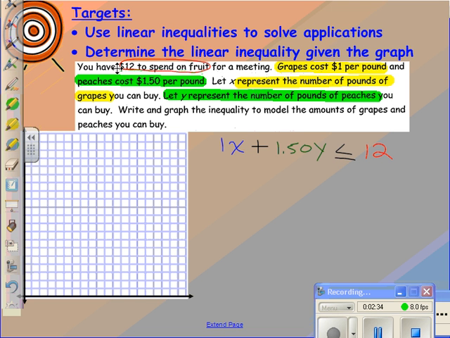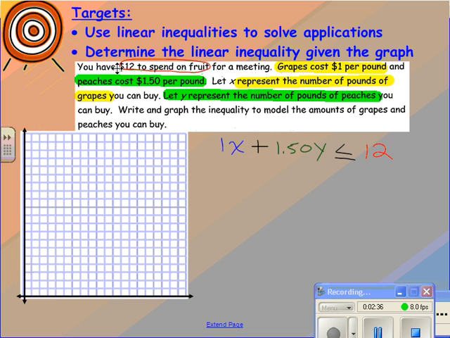So to graph that, what we have to do is solve for Y first. So the next thing I'm going to do is subtract an X from both sides. That's going to give me 1.5Y is less than or equal to negative X plus 12. Well, I still got my 1.5 there, so I need to move that now.